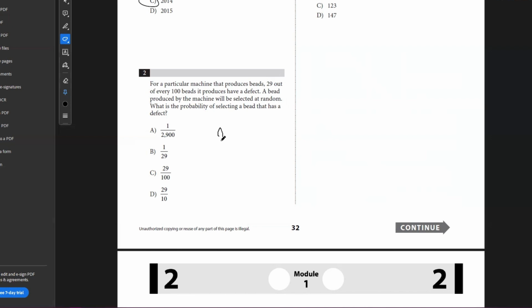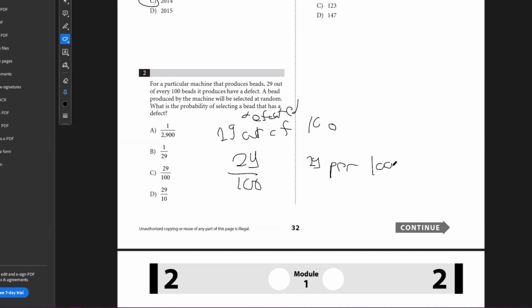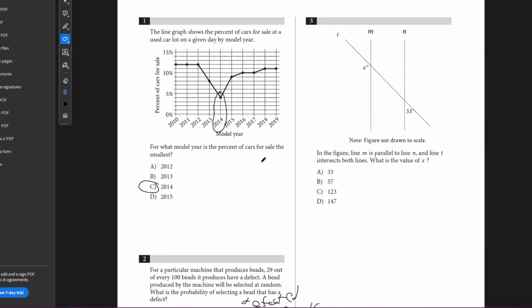Since we have 29 out of 100 beats defected, what we do is we're basically dividing 29 by 100, because 29 per 100 beats are defected. Therefore, our answer choice is going to be C.